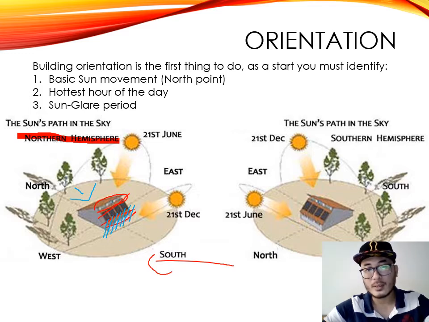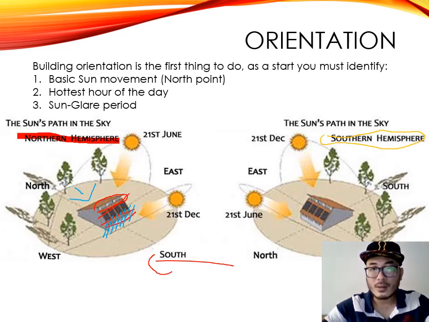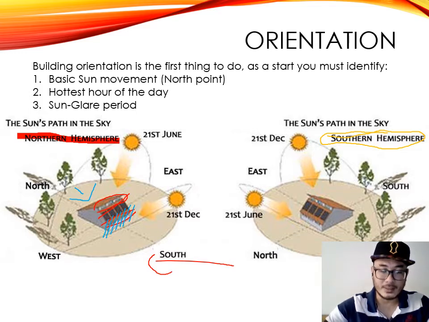The next one shows buildings built in the southern hemisphere. What you see here is very similar to the northern hemisphere. The difference is only one thing: where the sun is most of the time. In the southern hemisphere, the sun is mostly on the north.